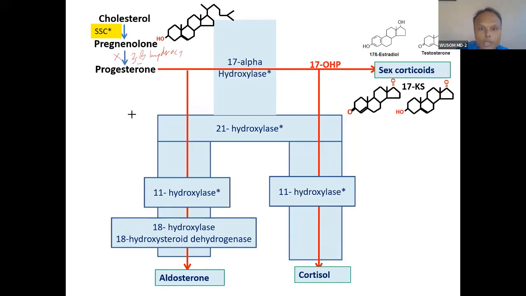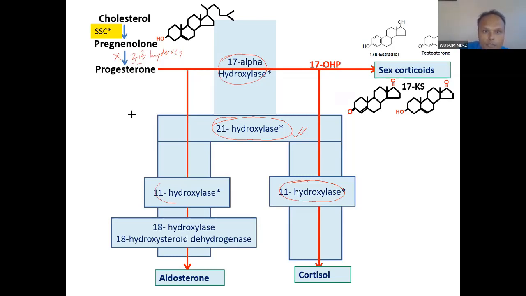We are going to talk about 17 alpha hydroxylase, 11 alpha hydroxylase deficiency, and then 21 alpha hydroxylase deficiency. These three deficiencies are the common ones. Among these three, 21 alpha hydroxylase is the highest yield. Just look at this tuning fork.